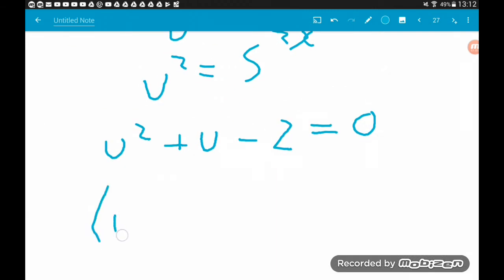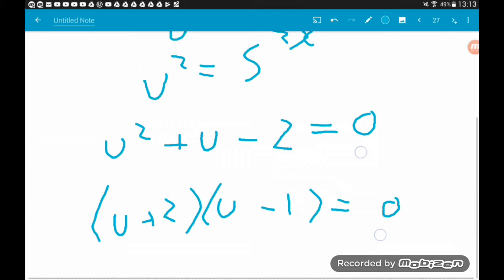We've got u and u in there. Now we've got minus 2 at the end, so one of our numbers has to be negative. We've got a plus u in the middle, so that tells us that 2 is positive. So we get u plus 2 times u minus 1.